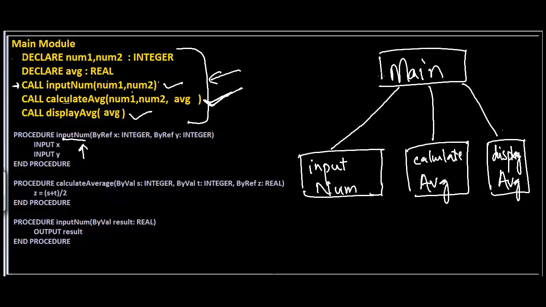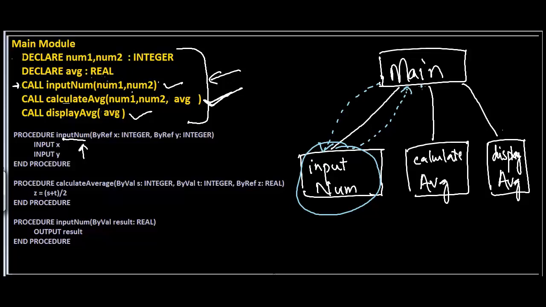Our structure chart is basically telling us that first the main module calls this procedure, or this module. It is executed, and then the control is returned back to the main module.